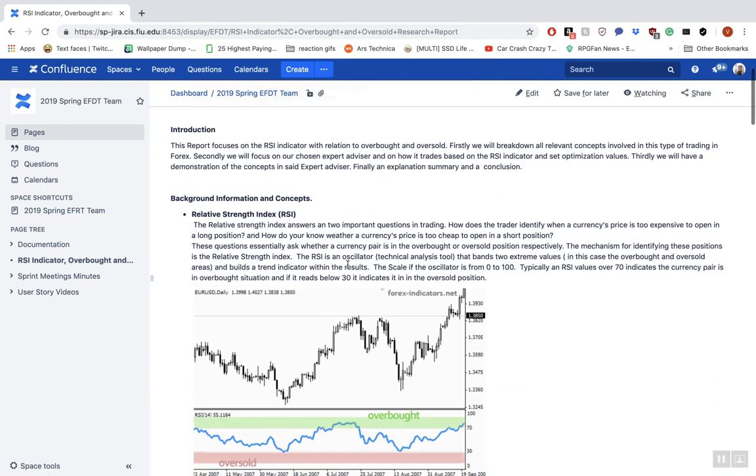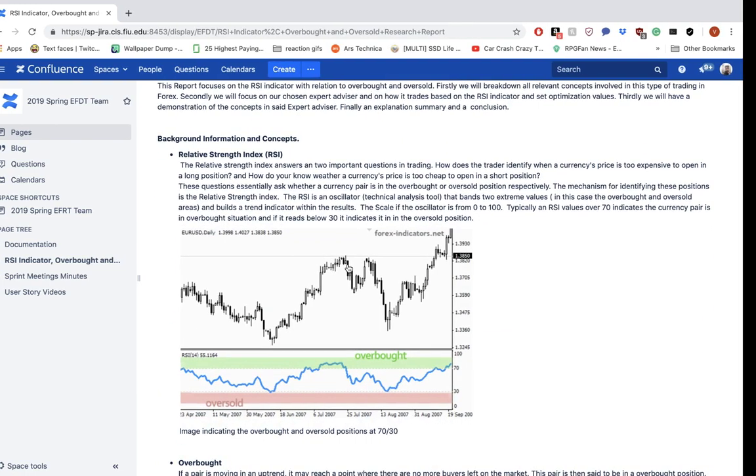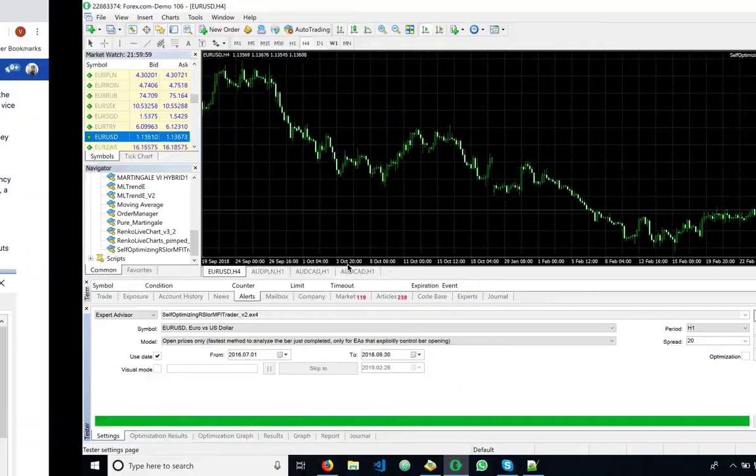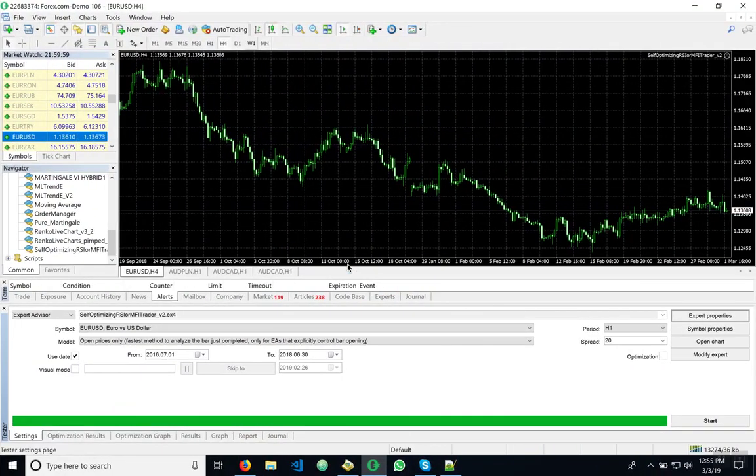One quick point of note before we move on to discussing our expert advisor. Here's MetaTrader. Let's look at it in real time, shall we?